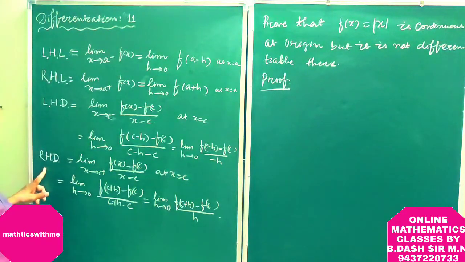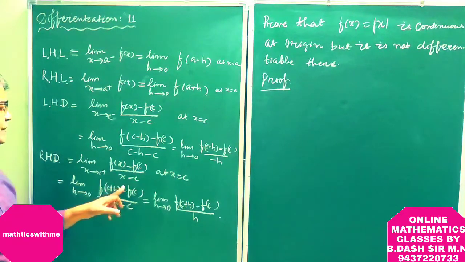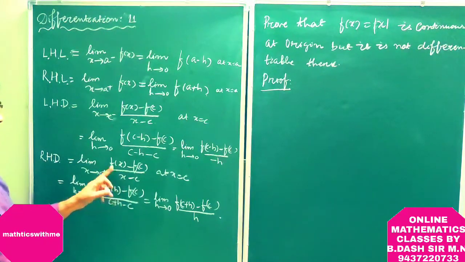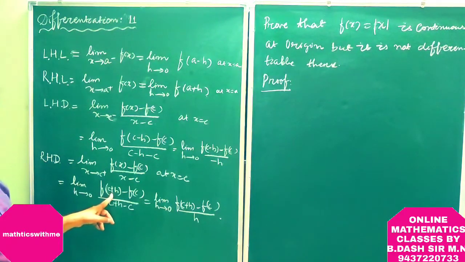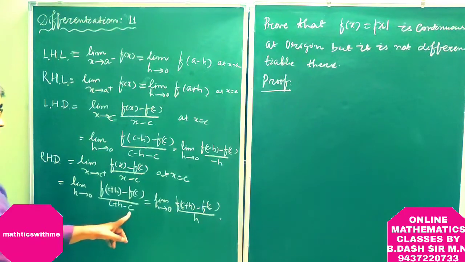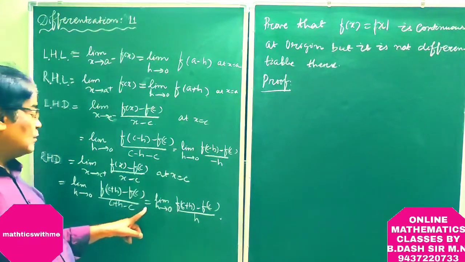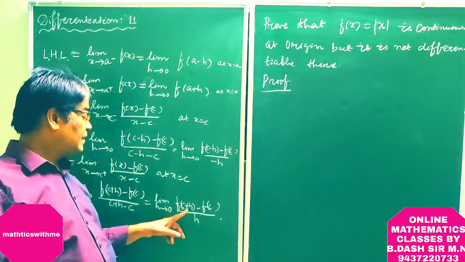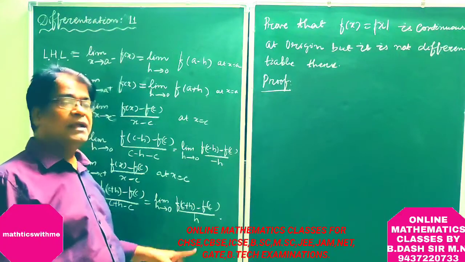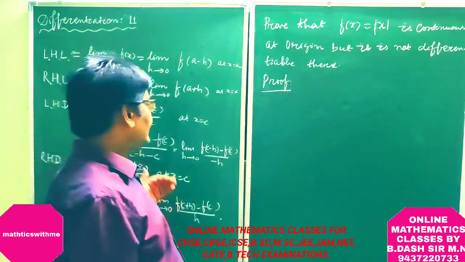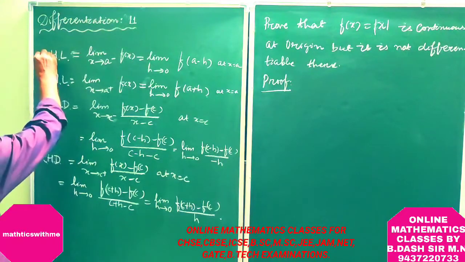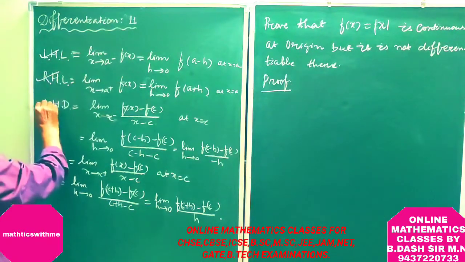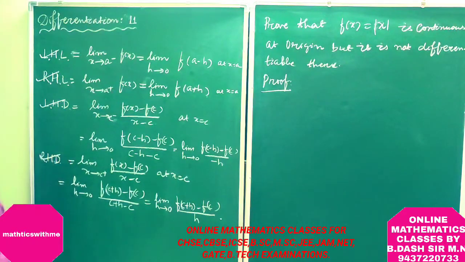Similarly, for the right hand derivative, limit as x tends to c plus of (f(x) - f(c))/(x - c) at x = c, limit as h tends to 0 of (f(c + h) - f(c))/(c + h - c), which is equal to limit as h tends to 0 of (f(c + h) - f(c))/h. So, using this formula, you can find the left hand limit, right hand limit, left hand derivative, and right hand derivative.